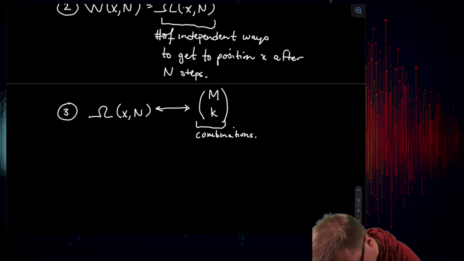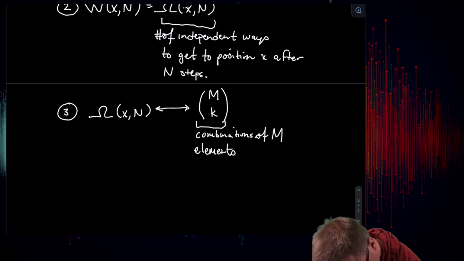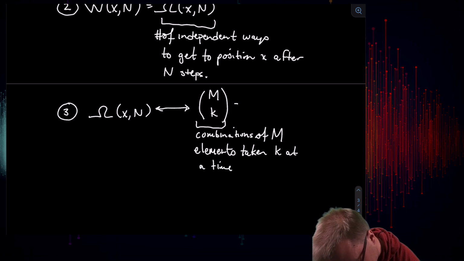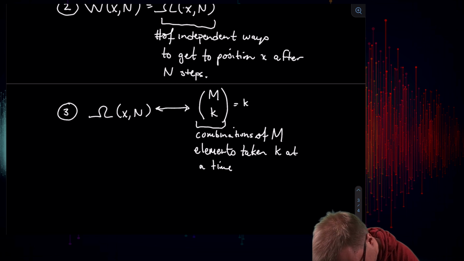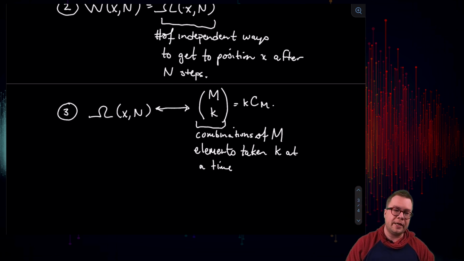And this is the combinations of m elements taken k at a time. So this is the same thing, if you're looking at your calculator, as m C k. Okay, it's the number of combinations.